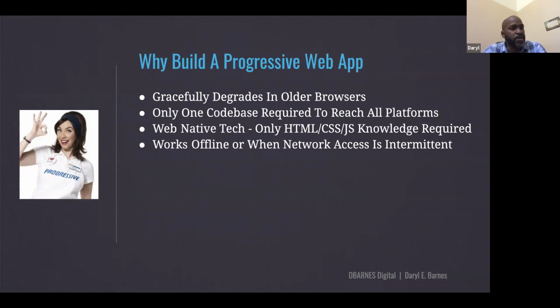So instead of having to code a site in Swift for iOS devices, Objective-C or whatever for Macs, Windows, .NET or C++, instead of using a different code base for each platform, you can just use one code base and reach all the platforms with it.